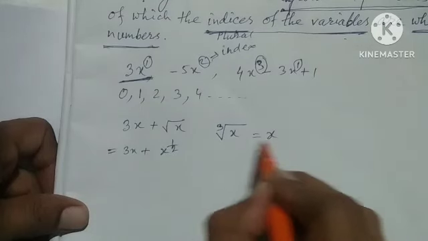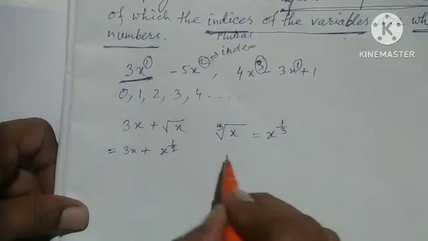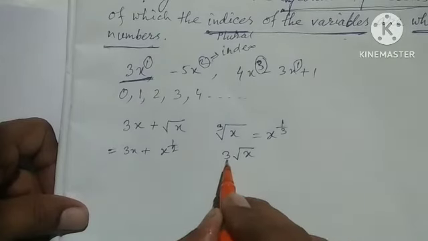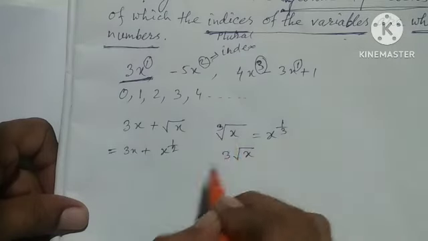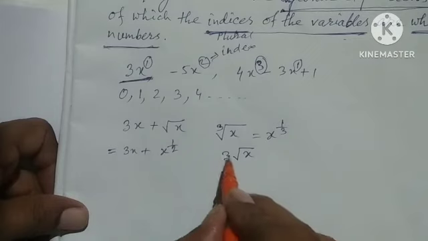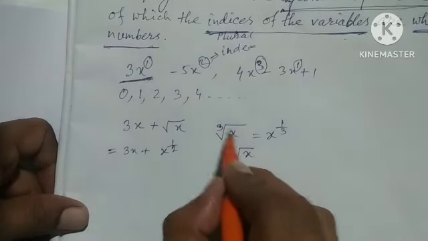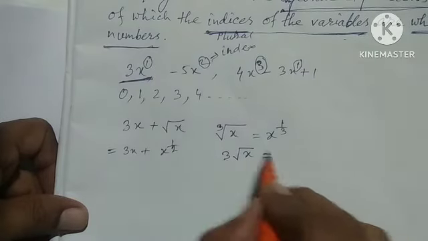That means x to the power 1 by 3. This one and this one are not the same. One is the coefficient of root x, and the other is the cube root of x. It is not a coefficient, it is the power of x, the index of this variable. Okay, it is a different thing.